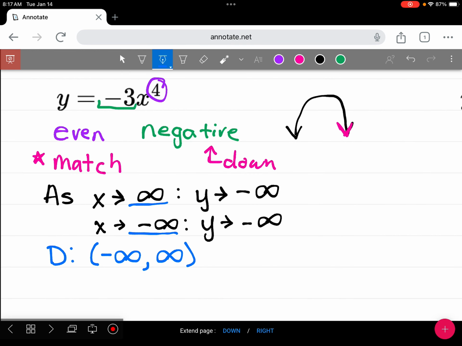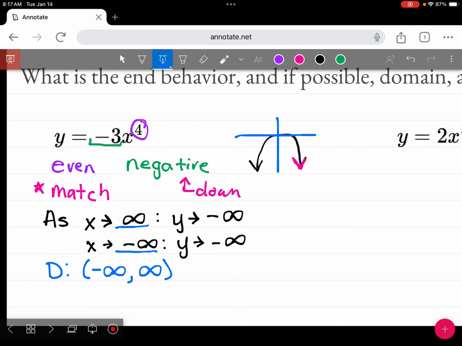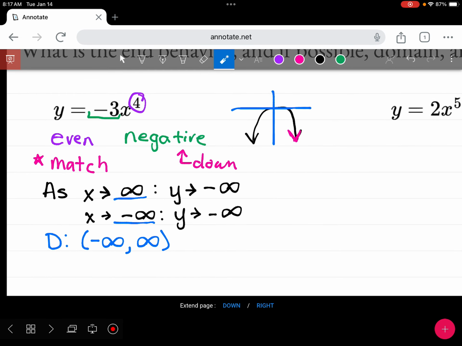Do we have enough information to get our range? Remember, our range has to do with our y's. With these both pointing down, it is going to be negative infinity to 0, but it's also one of those things that we might not be able to spot.